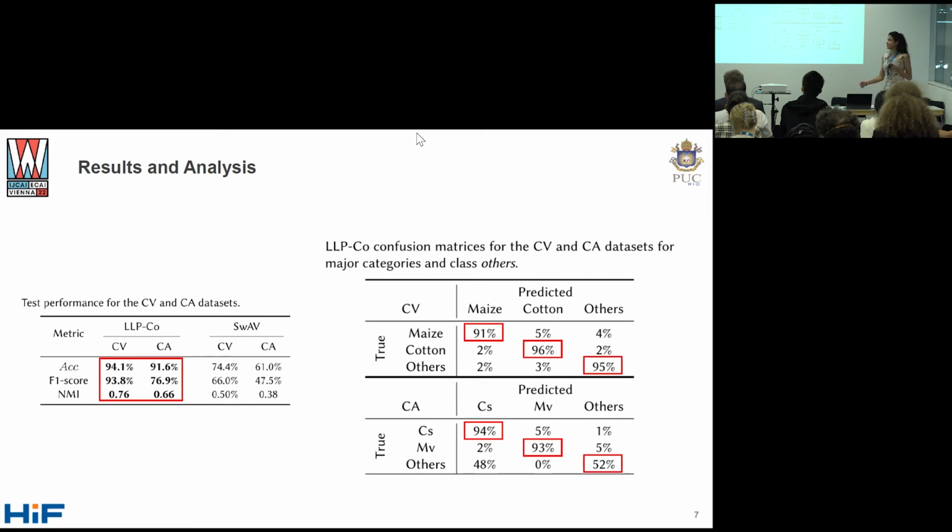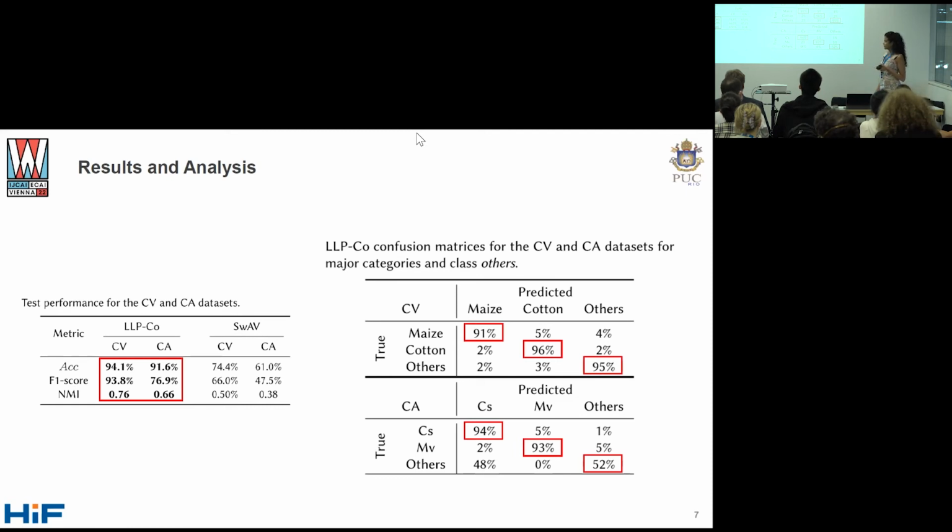The F1 score is a little bit lower in the geological dataset because, I forgot to tell, the crop type dataset uses optical images and the geological dataset uses hyperspectral images. Because we are working with hyperspectral images to try to separate different minerals, this is a more challenging task than just using optical images to classify crops. That's why we have 76% of F1 score for the geological dataset.